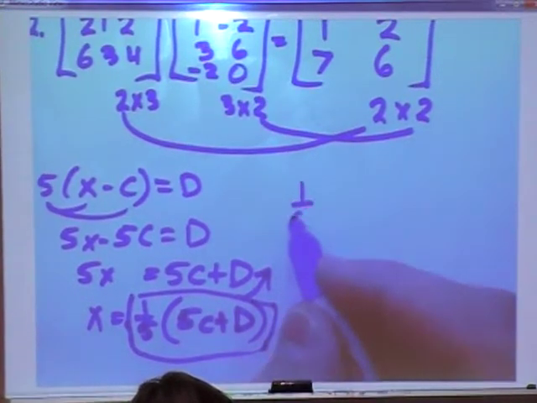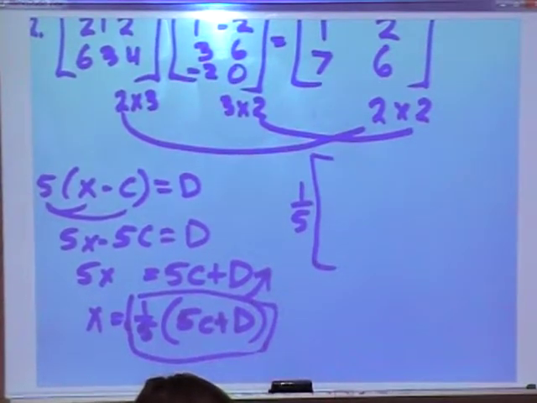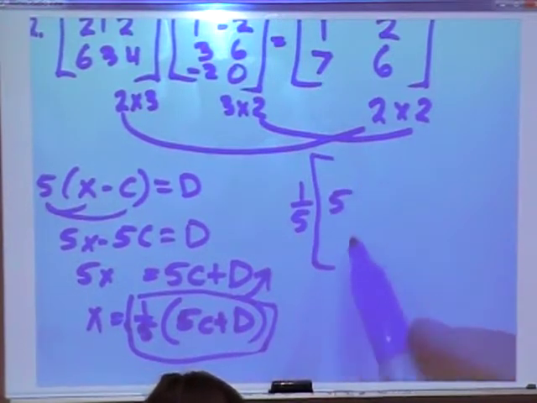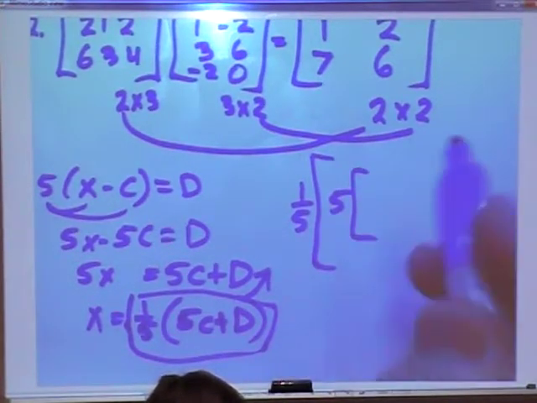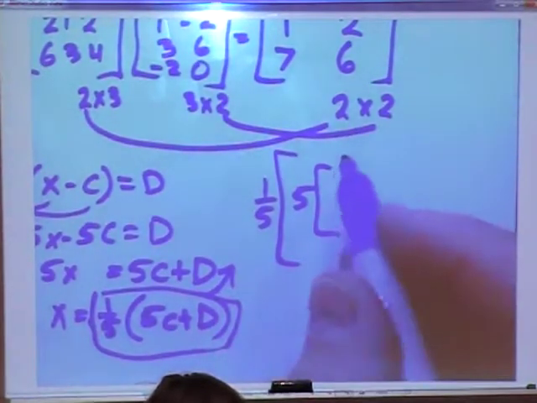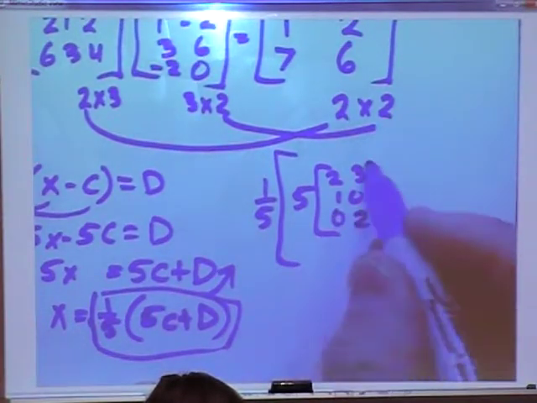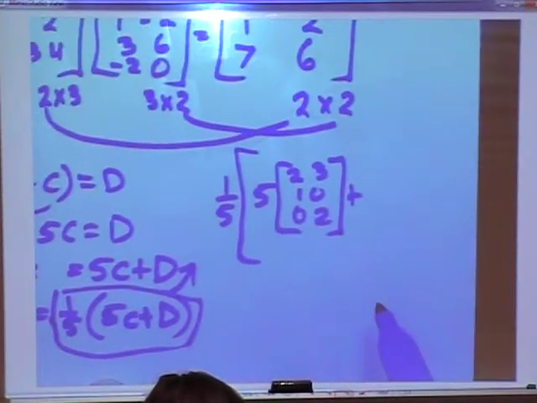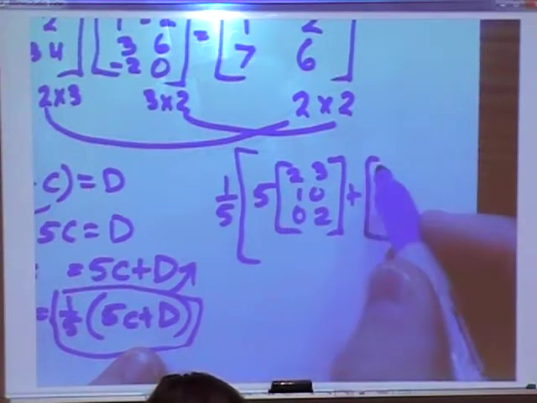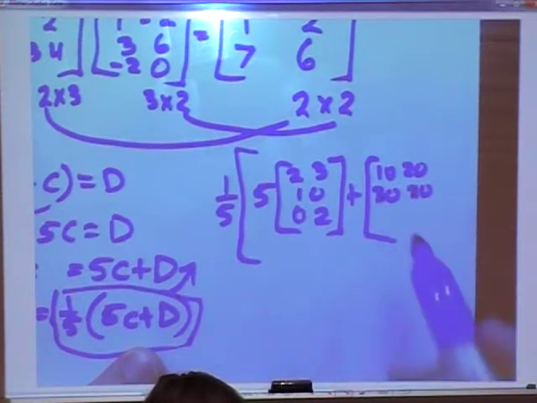So we're going to have 1/5 times, this is a big bracket, not a matrix, 5 times C. Well, C is this matrix: 2, 3, 1, 0, and 0, 2. I'm going to add it to this matrix, D. They tell us D is this: 10, 20, 30, 20, and 10, 0.